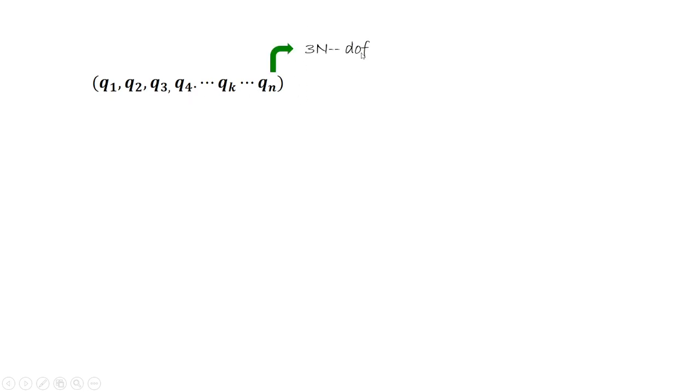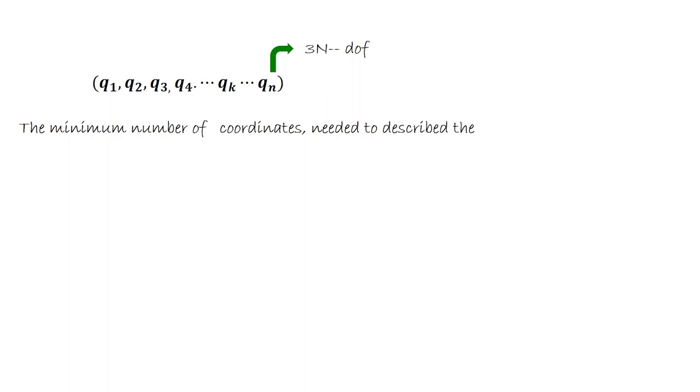This set we can call 3n degrees of freedom, where n is the total number of generalized coordinates, the minimum number of coordinates needed to describe the system. Let us look at some examples of generalized coordinates.